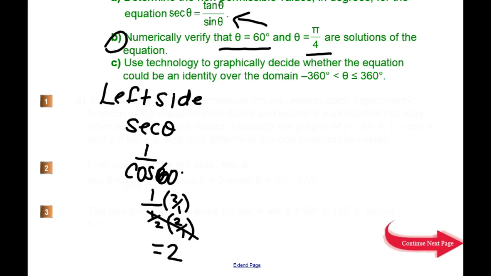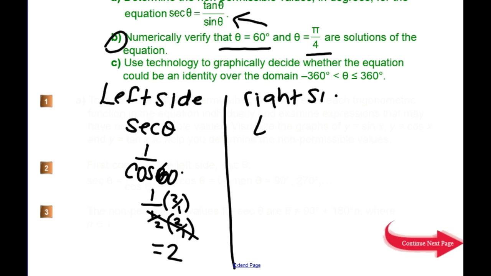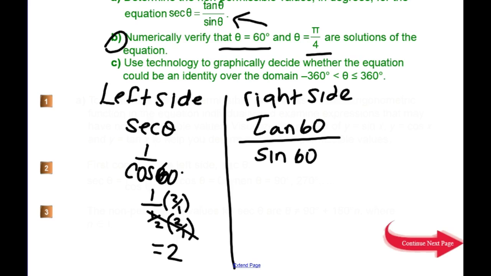Okay, so here's the right side. And we go tan 60 over sine 60. Okay, so do we know what tan 60 degrees is?